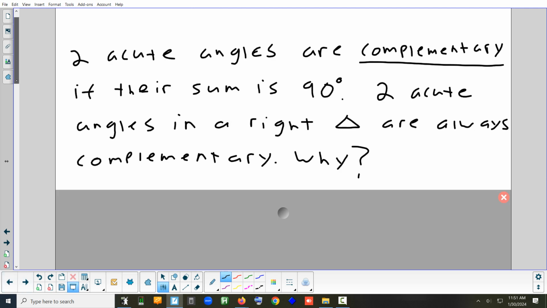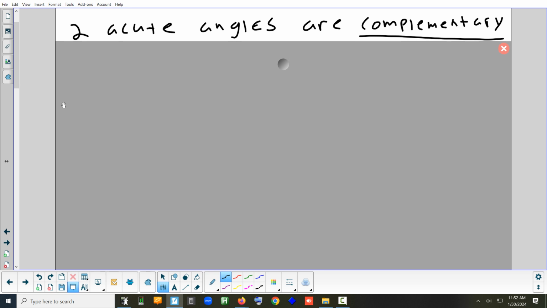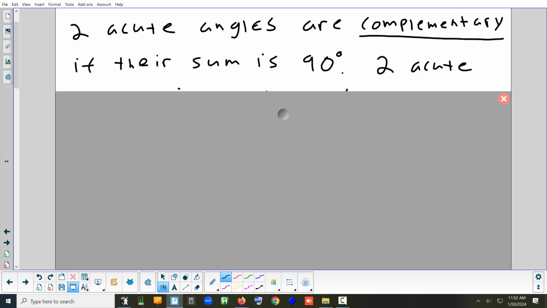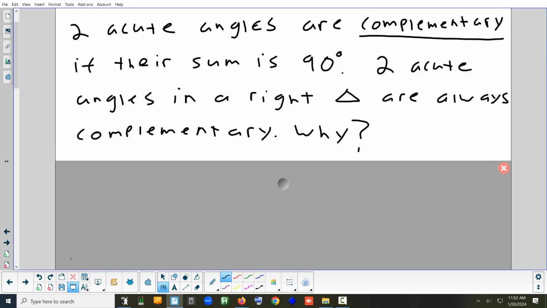Okay, last thing. Well, I kind of already showed you, but if two angles are complementary, it means they add up to what? It means they add up to 90. Now, we answered this question earlier. When you draw a right triangle, why do angles 1 and 2 have to be complementary?